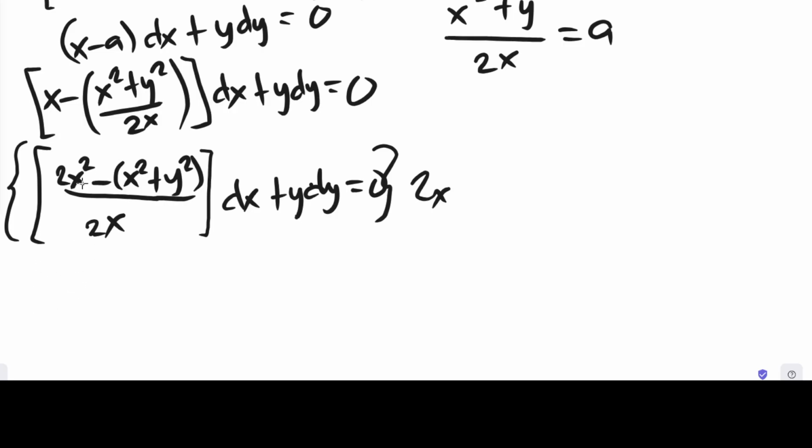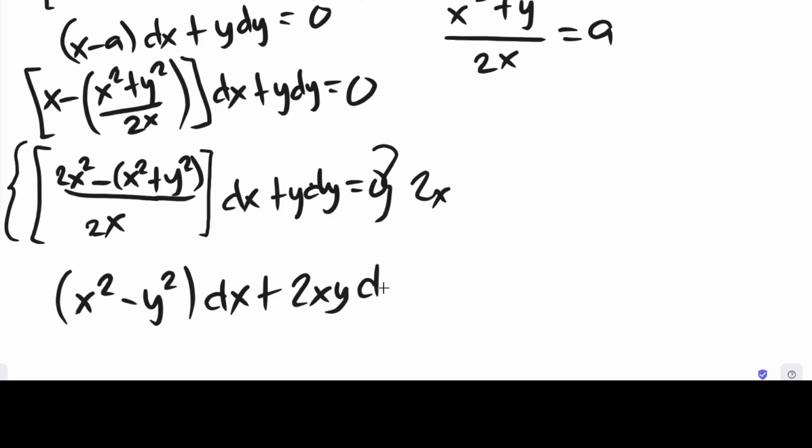What will be left is 2x squared minus x squared, so x squared minus y squared, dx. Plus 2x times y, 2xy dy, is equal to 0.